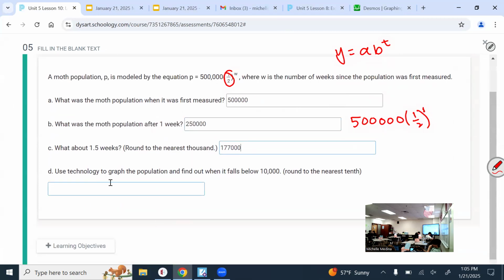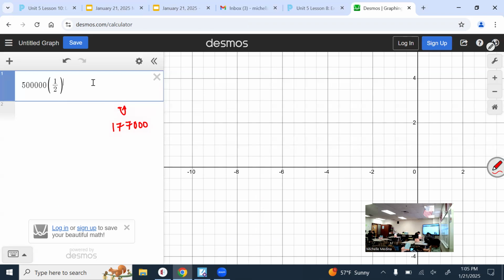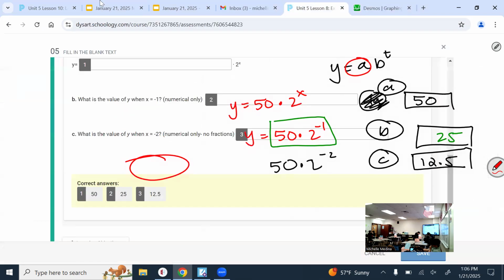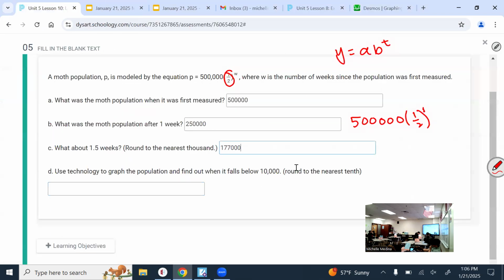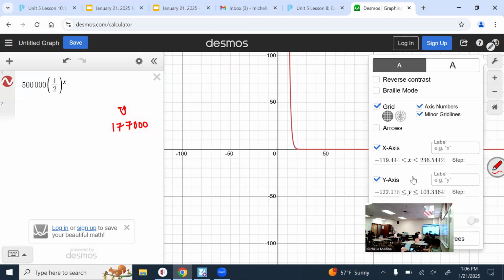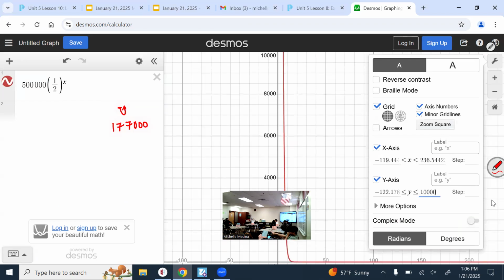And then use technology to graph the population and find out when it falls below 10,000, rounded to the nearest tenth. So I'm going to graph my original. What I will do is instead of a W, I'm going to put an X, because I don't know if it'll allow me to do a W. All right, so I put an X for the exponent. I can't see anything, but what I do want to see is when the Y falls below 10,000, so I'm gonna adjust my window for that. I'm gonna make my Y-axis go maybe a little bit above 10,000. Maybe I'll zoom out.